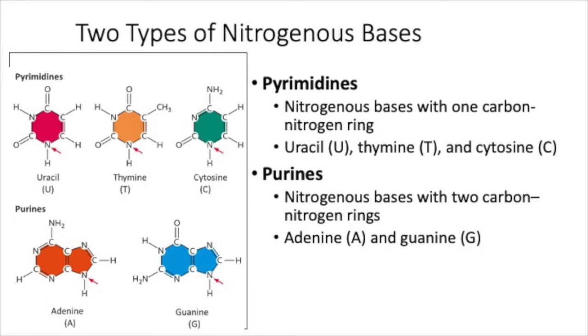The pyrimidines are uracil, which comes only in RNA, thymine, and cytosine. The thymine only comes in DNA, right? Uracil and thymine are interswitched.